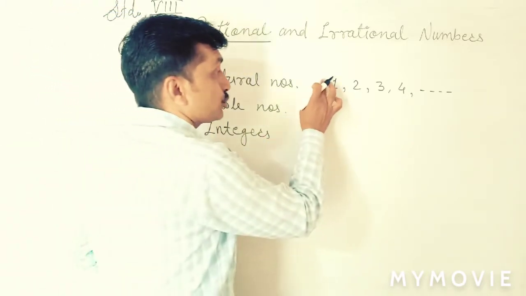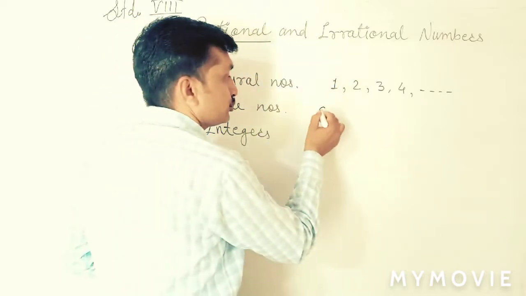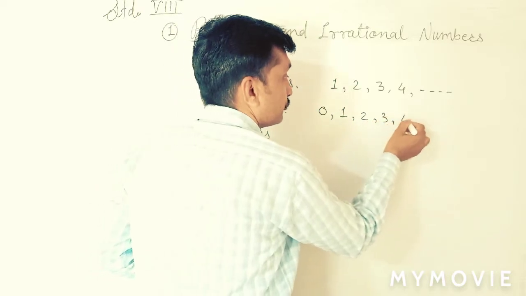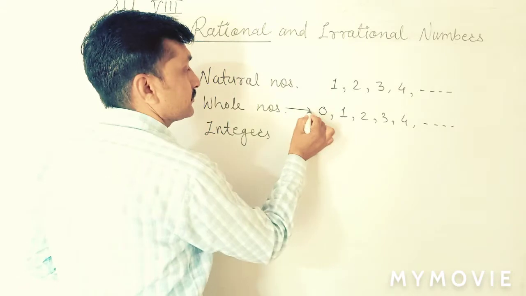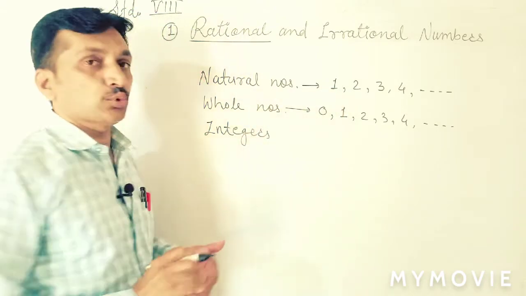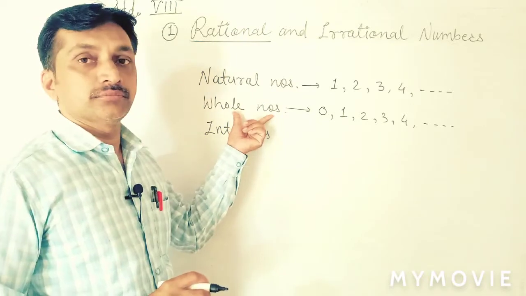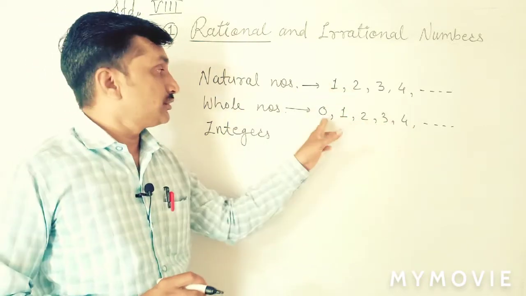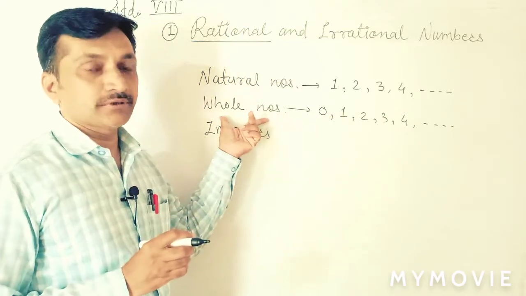If you add 0 to the group of natural numbers 1, 2, 3, 4 and so on, this group becomes whole numbers. Means only one number is extra in this group. We added just one number, 0, and it becomes whole numbers.